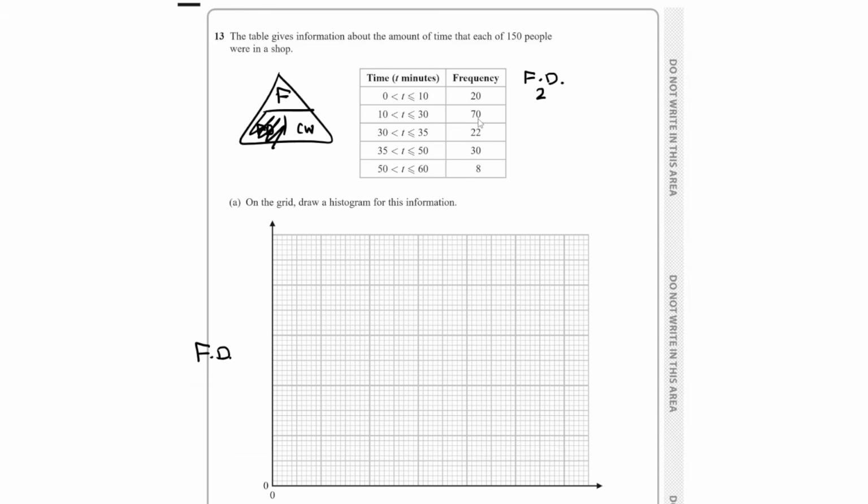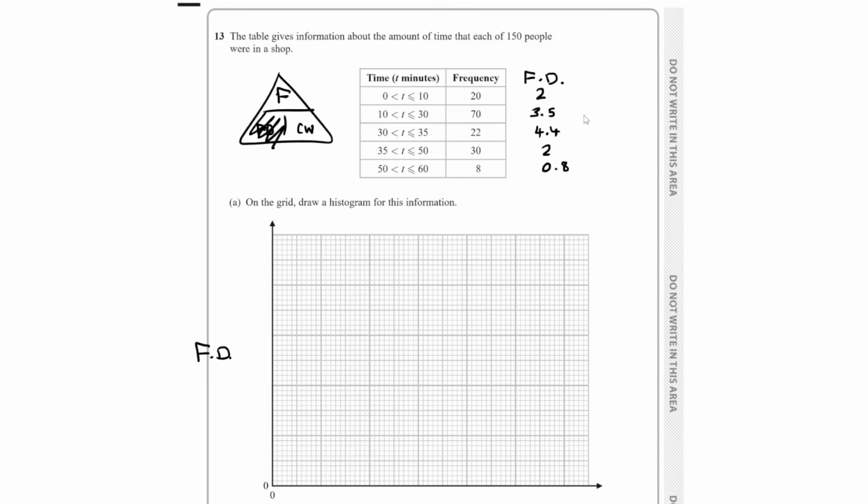The second one is 70 divided by 20 because you see how the difference between 30 and 10 is 20. So 70 divided by 20 is 3.5. 22 divided by 5, we should get 4.4. 30 divided by 15 is obviously 2, and then 8 divided by 10 is 0.8.